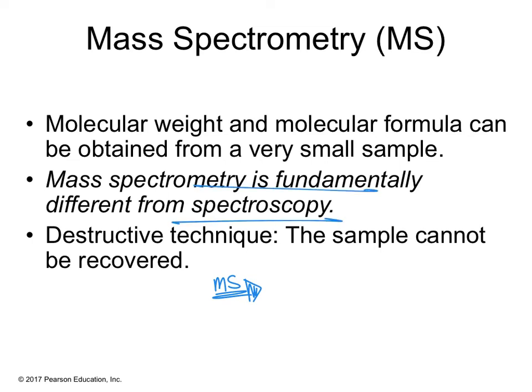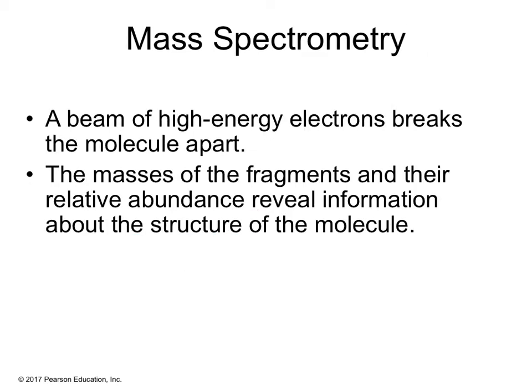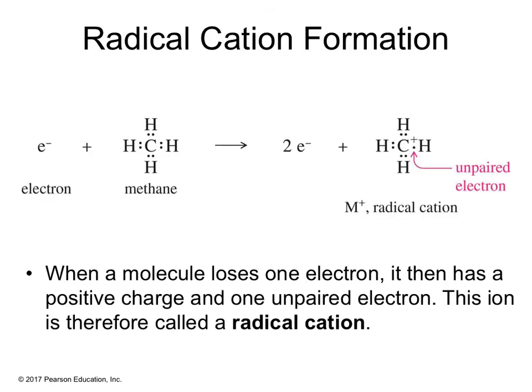And it is different from other spectroscopy. It's destructive. You can't reuse your sample. I don't even really know why it's called spectroscopy because it really doesn't interact with the frequency of light. You basically hit your sample with high energy electron beams, and it will fragment your molecule into little pieces.